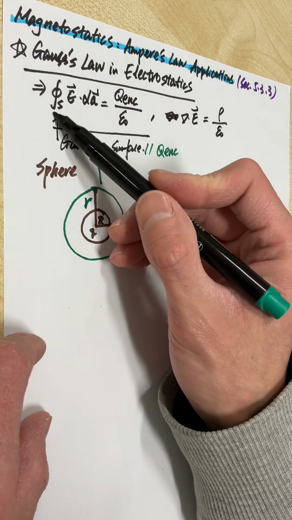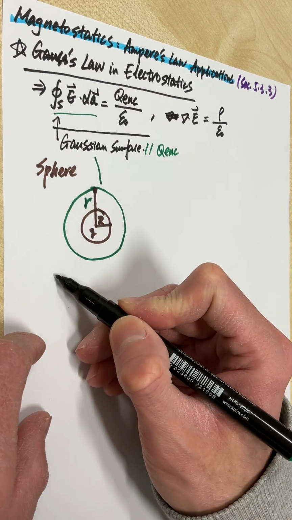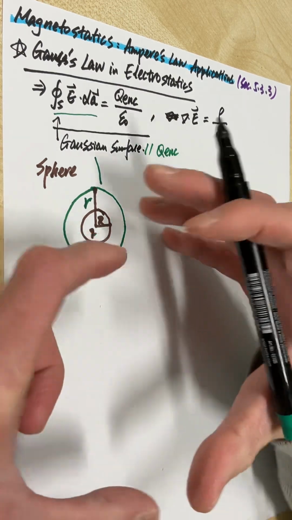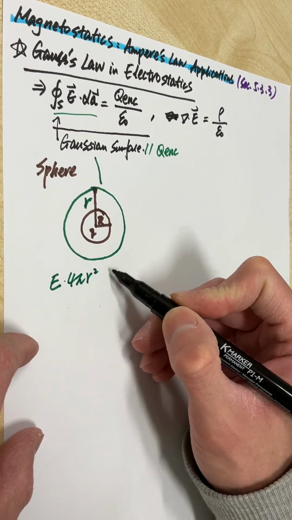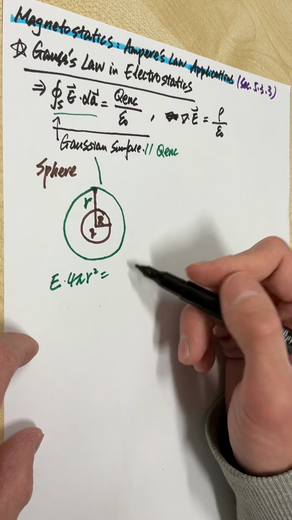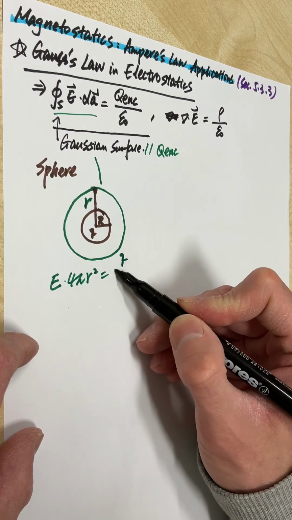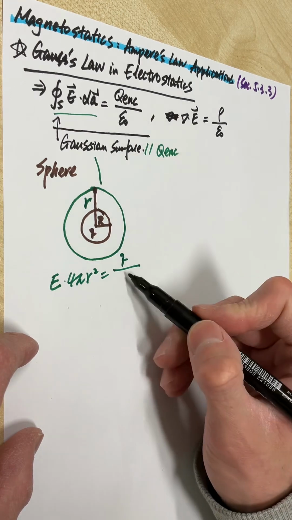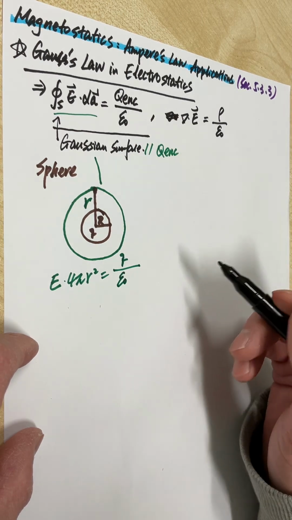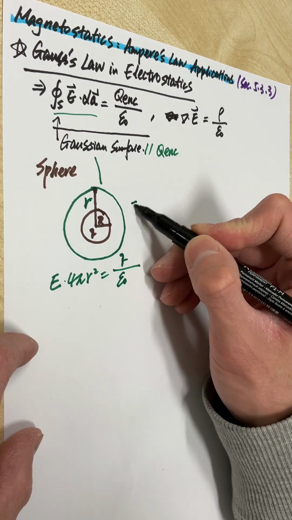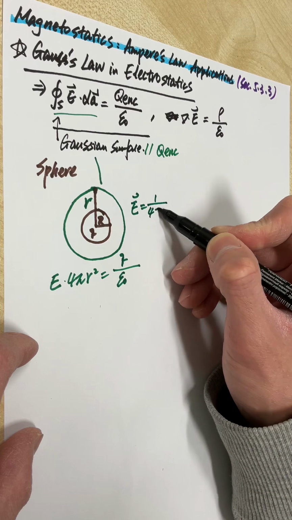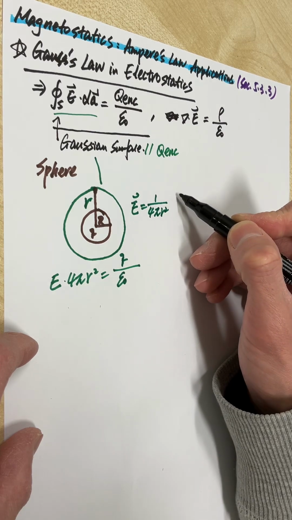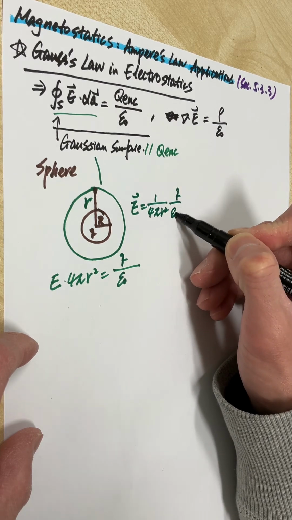On the left hand side, we have E times the total area of the sphere, 4 pi r squared. On the right hand side, the total charge is just Q divided by epsilon zero. So in summary, E equals 1 over 4 pi r squared times Q divided by epsilon zero.